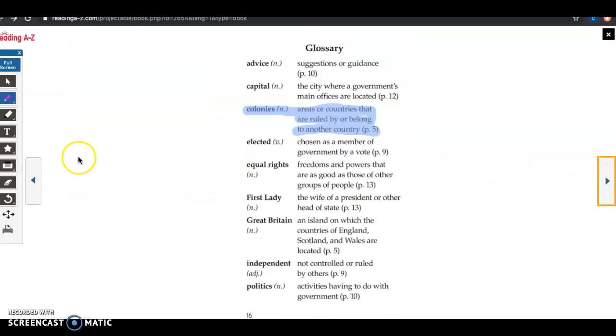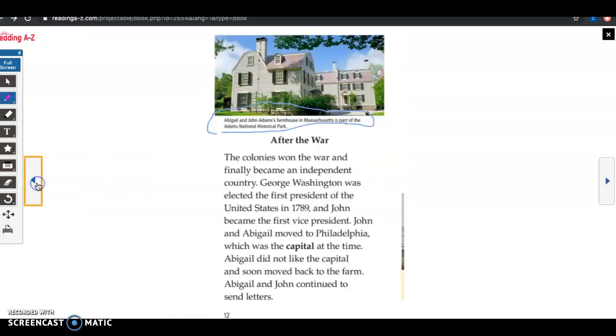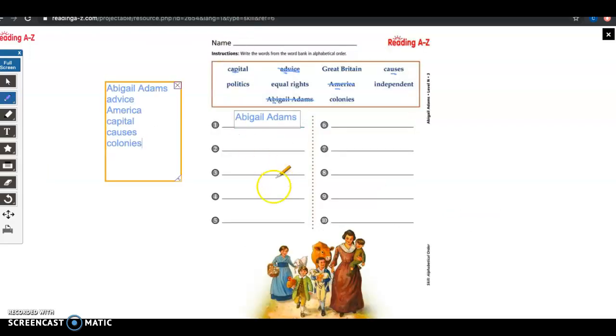And then that will wrap up this book so that we can start a new book on Monday. So again, while you're reading, I want you to try to find the main idea of these sections. You will also be doing this little activity of putting these words in alphabetical order.